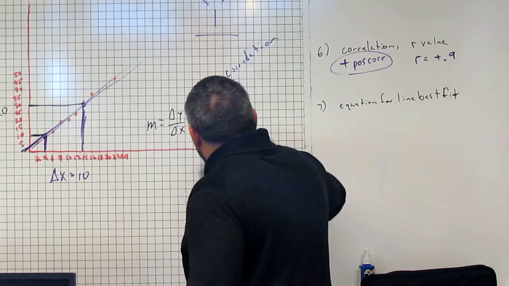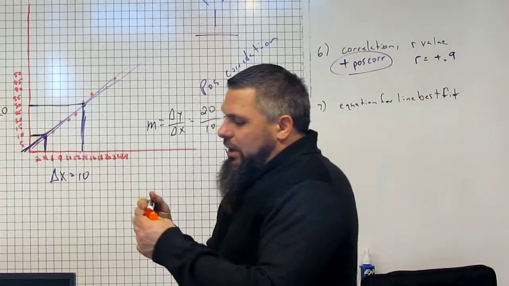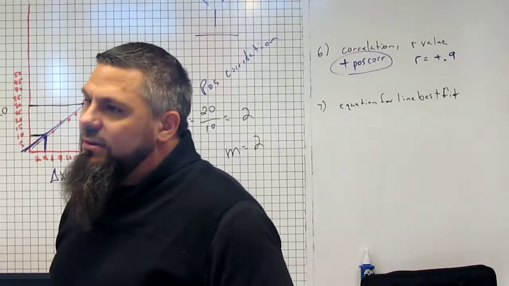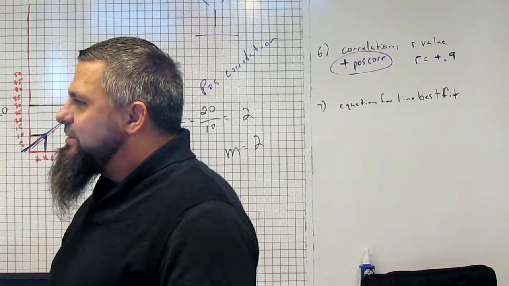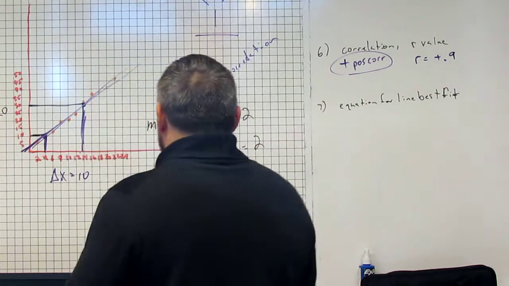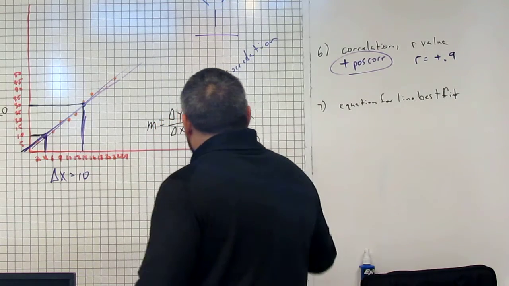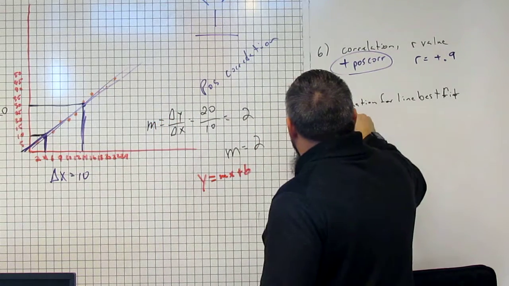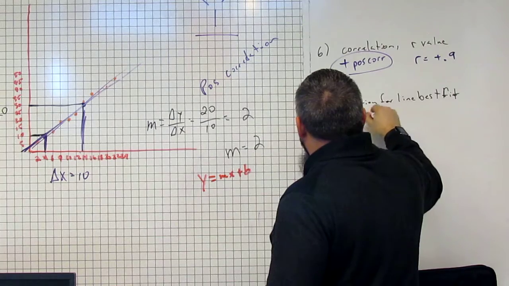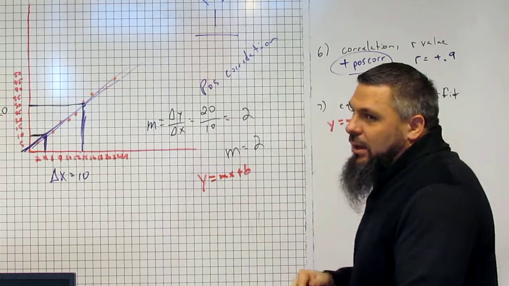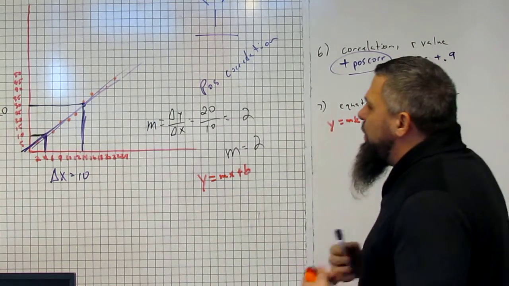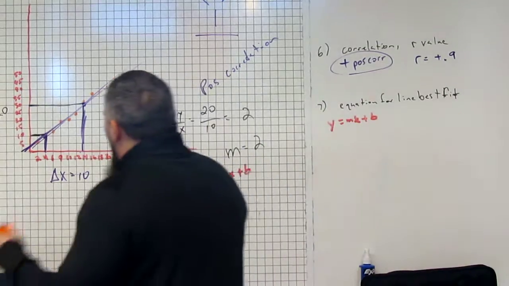So m equals 2. And then what am I using m with? Who knows the equation? y equals mx plus b. So if y equals mx plus b, right? I need to find a point. So I take one of these points.